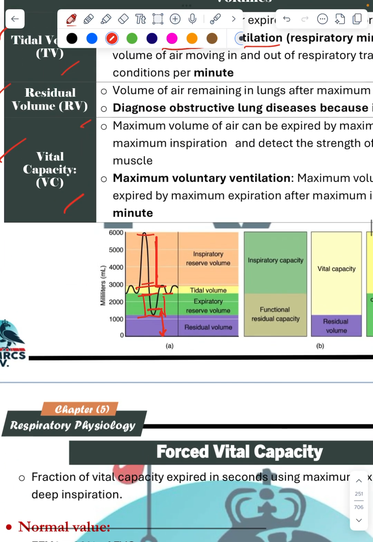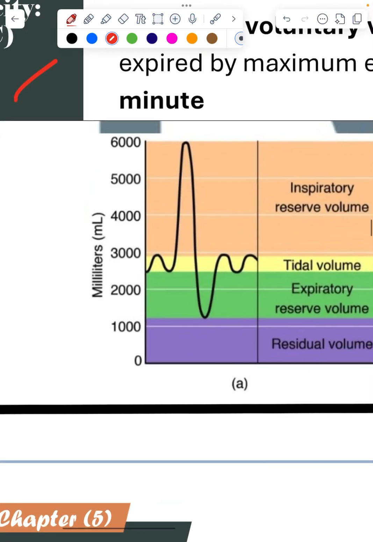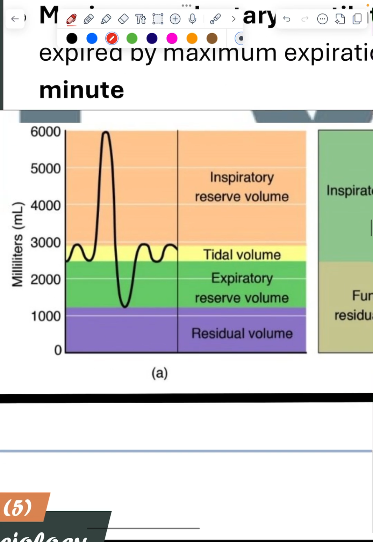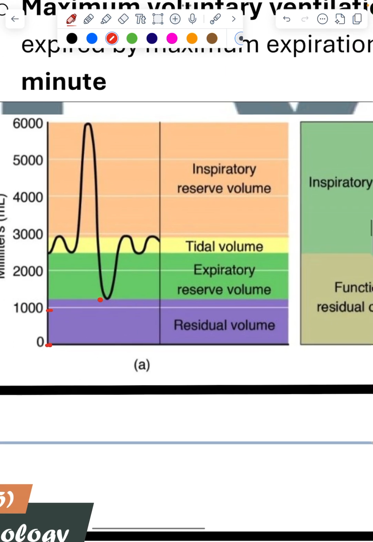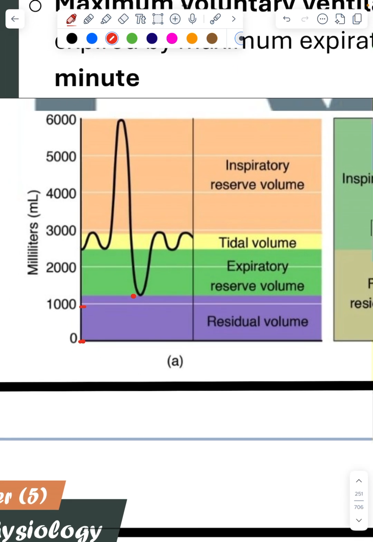You can see a person is having, if you measure the quantities in liters, here 0 liter is 0 to 1000 and above. This is 1000, something 1200. You can see it is about here.